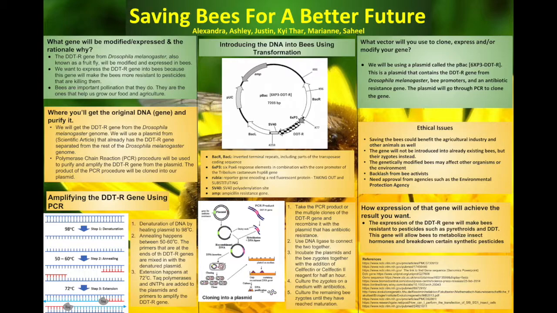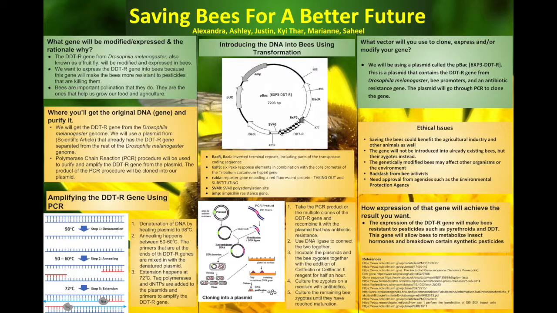My name is Justin Haoko, and I will be talking about the PCR procedure to replicate the CYP4E2 gene. We will get the DDTR gene from the Drosophila melanogaster genome.